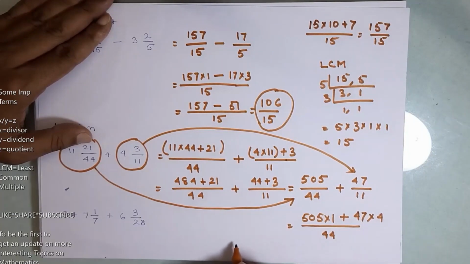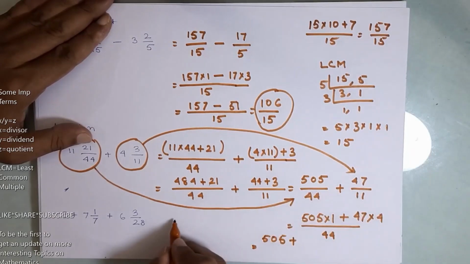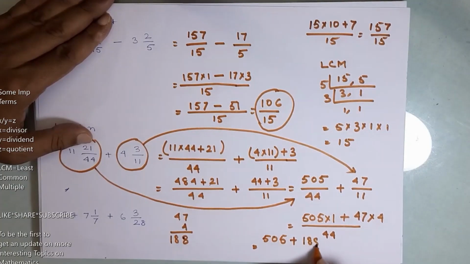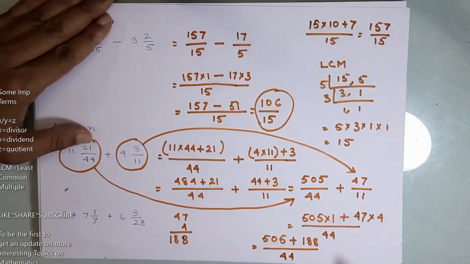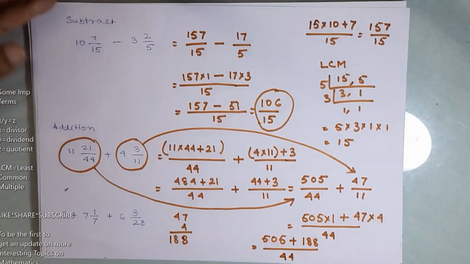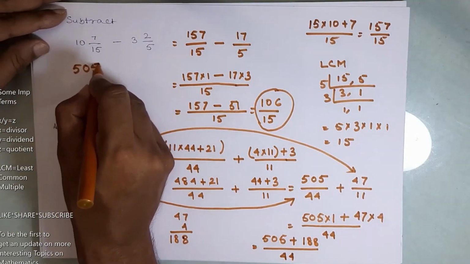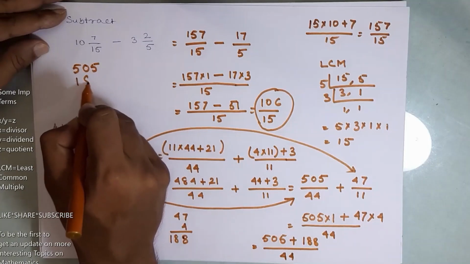So the answer will be 505 plus 47 multiplied by 4. What is the result? 188. So 188 by 44. Now if I add 505 with 188, what will I get? Let us see. 505 plus 188.